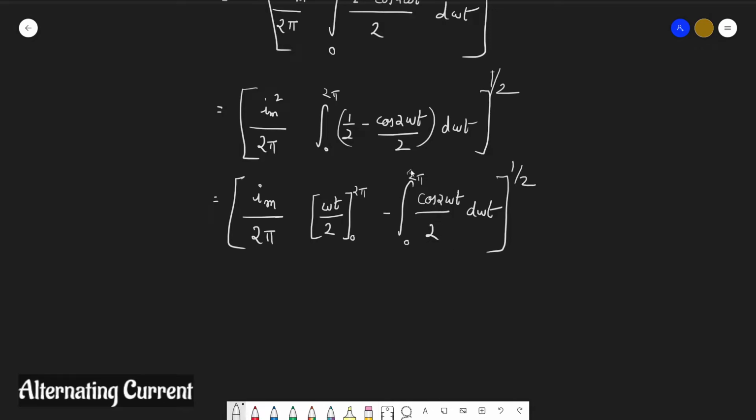Now see this expression here. This is again the same thing. I told you that over a complete cycle, the summation of a sine or cosine function is always 0.